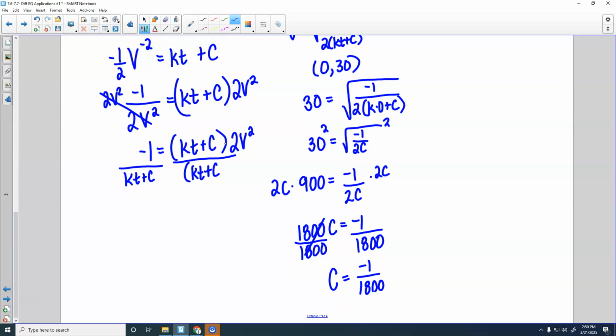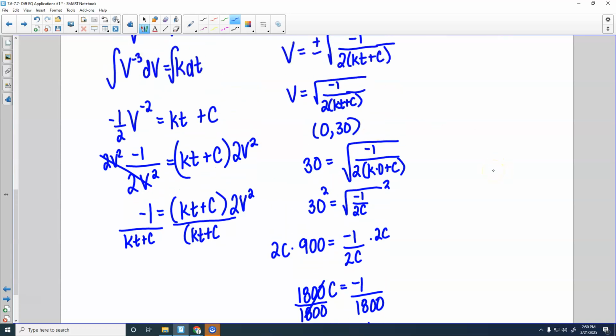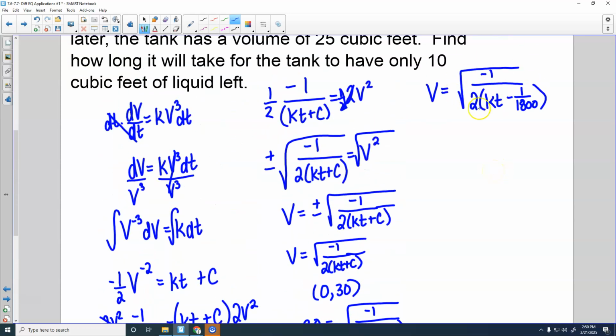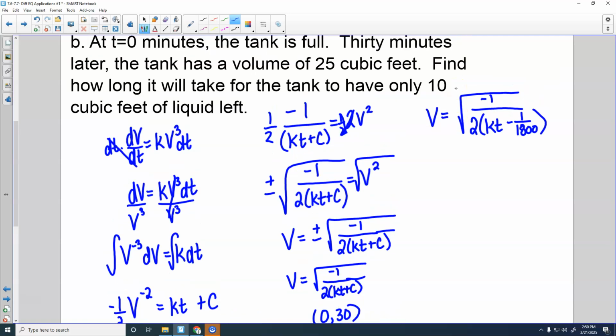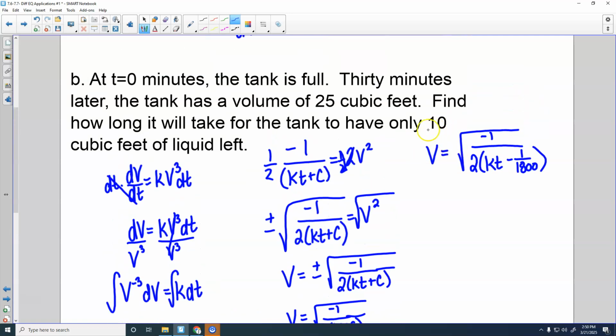Okay, questions here? Alright, I'm feeling nervous. This feels bad. But I don't think we've messed up yet. I hope not. Alright, what should we do next? Because we still can't solve this because we don't have a K right here. We got two variables.